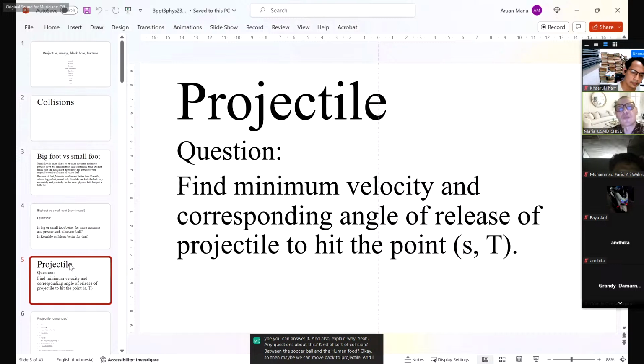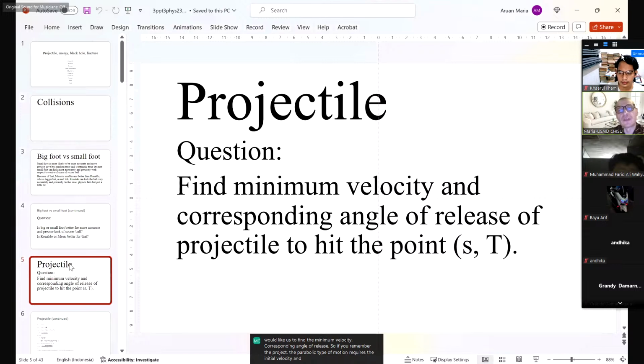I would like us to find the minimum velocity and corresponding angle of release. If you remember, the projectile, the parabolic type of motion, requires the initial velocity.